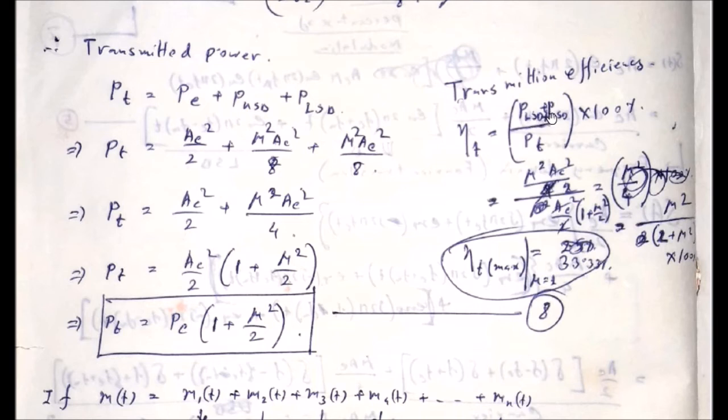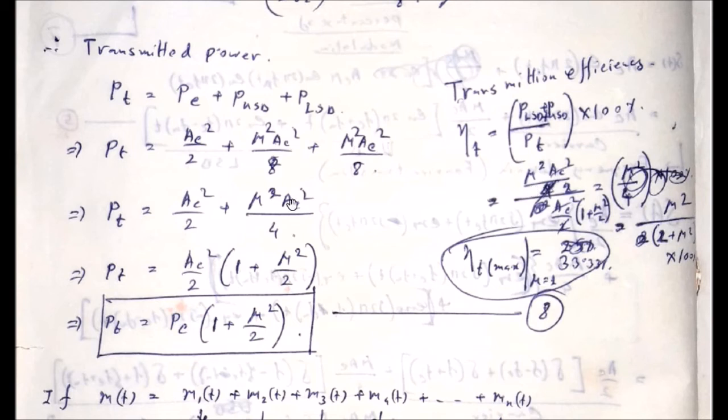So in the numerator, it will have P_LSB plus P_USB. So this term is actually carrying the information, the power carrying the information, divided by the total transmitted power, P_T, which means it is containing all of these three terms. So if you find out the analytic expression for this transmission efficiency, put these values here.